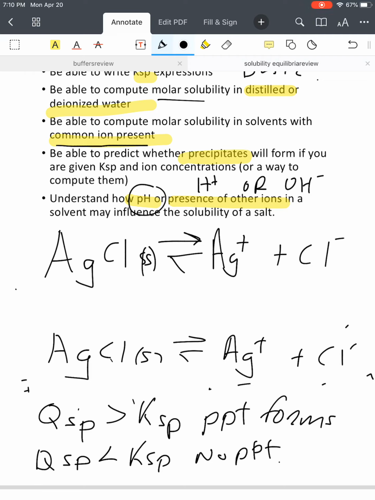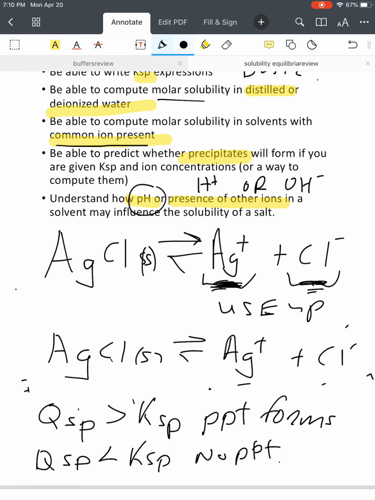If I had a secondary reaction, a different reaction, that could use up or consume either one of these ions, either silver plus 1 or chloride, if I added a reactant that could react with one or the other, as soon as some of the silver chloride dissolves, I'm going to use up that silver ion, I'm going to use up the chloride ion, and its concentration will effectively drop because that secondary reaction will consume it, it will bind it up, it will remove these ions from solution.